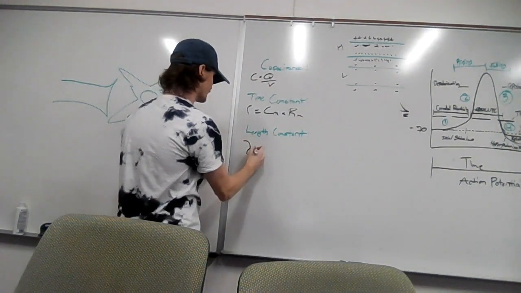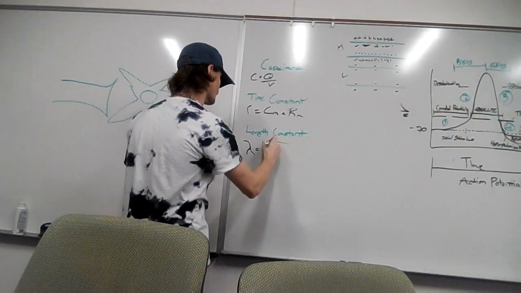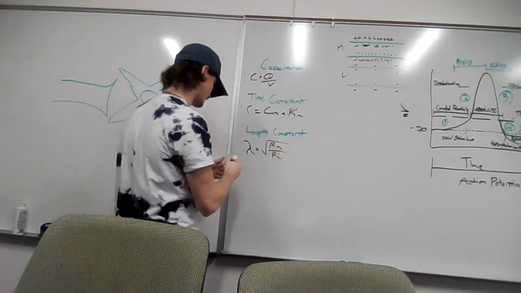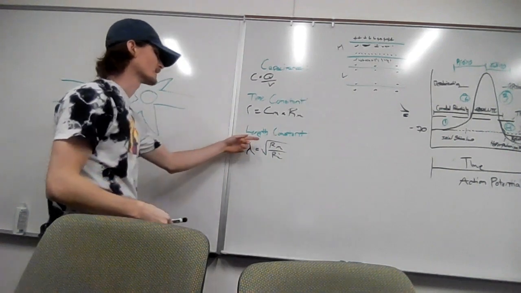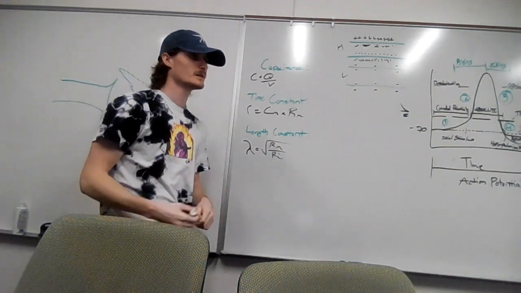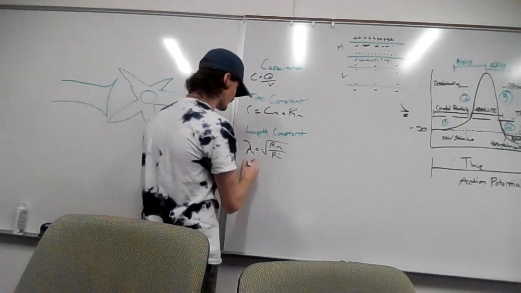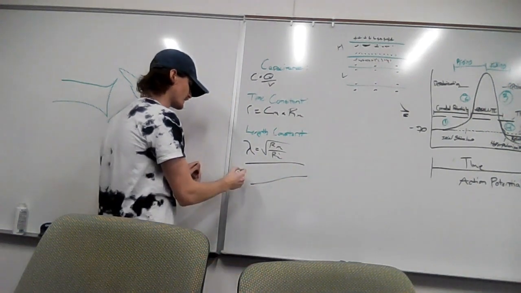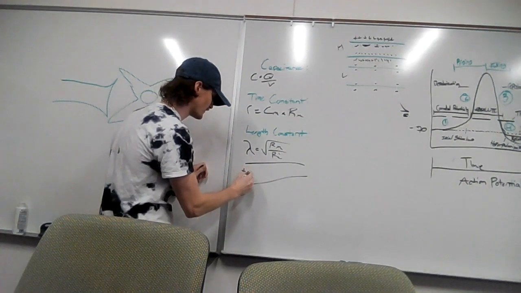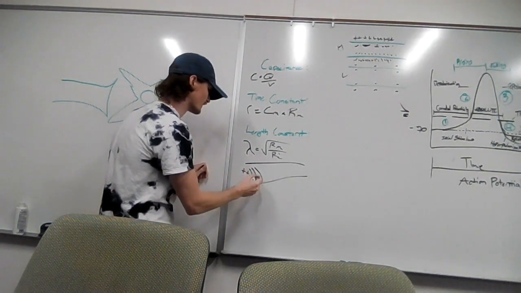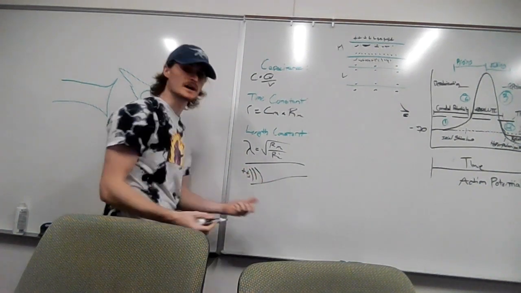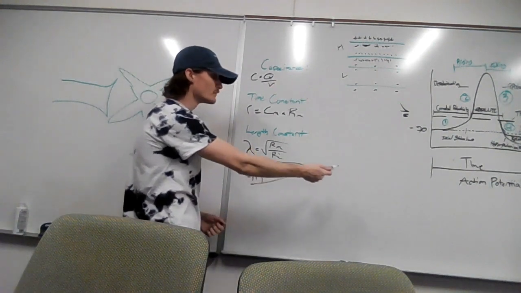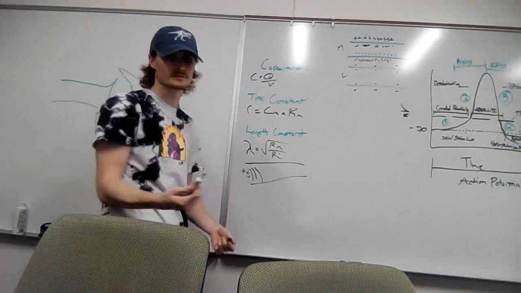That's lambda equals the square root of Rm over Ri. Basically, this is saying neurons have length to them. Just like if you have a very powerful signal going off, that's great, but if the neuron is too long for the signal, it's not going to reach anywhere.